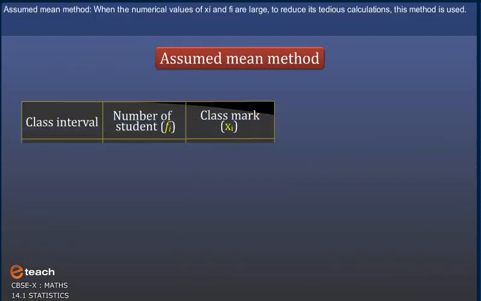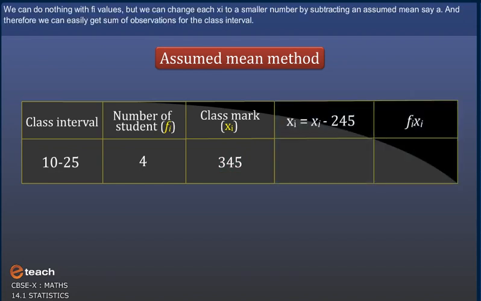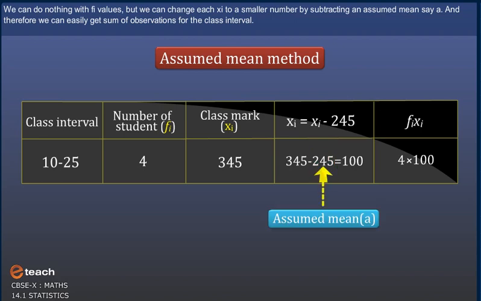Assumed mean method. When the numerical values of xi and fi are large, this method is used to reduce tedious calculation. We can do nothing with fi values, but we can change each xi to a smaller number by subtracting an assumed mean, say a.